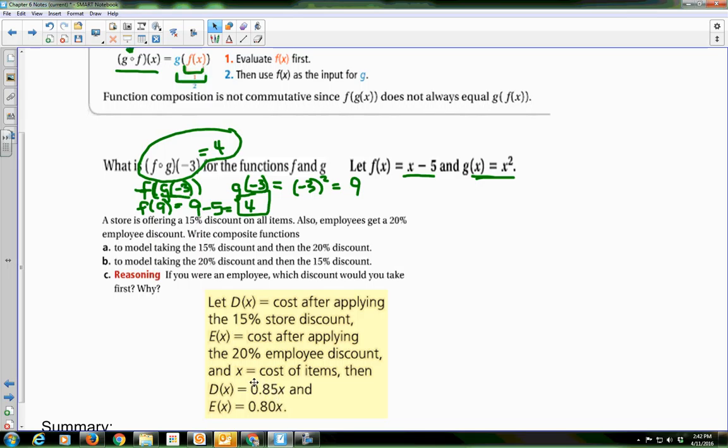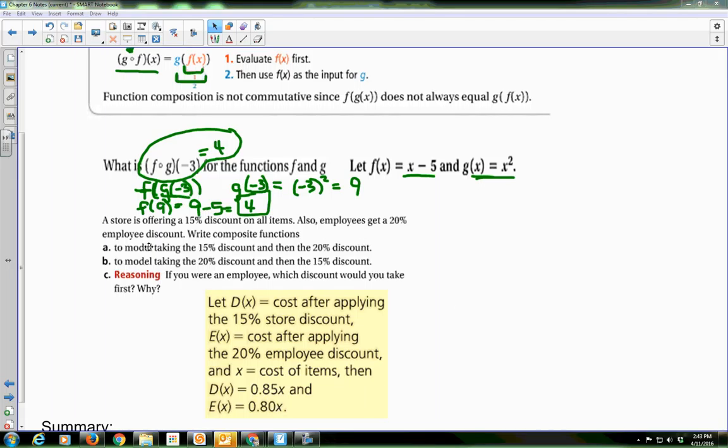If I take away 15%, I am left with 85%, so that's 0.85 times the original cost. The employee discount is 20%, so after I take off the 20%, I am left with 80%, which is 0.80 times the cost. So my first function, the 15% discount, is 0.85x, and my employee discount is 0.80x.